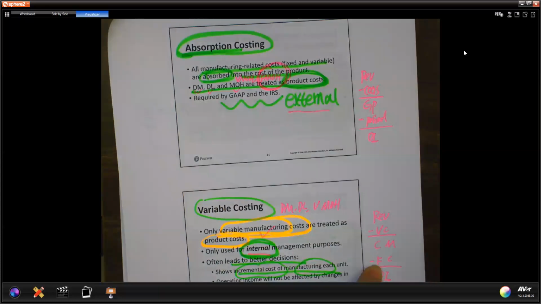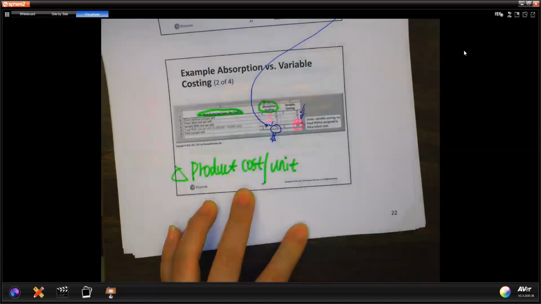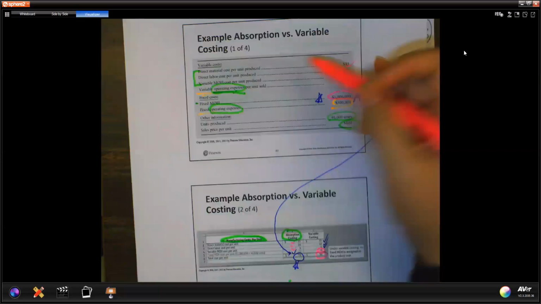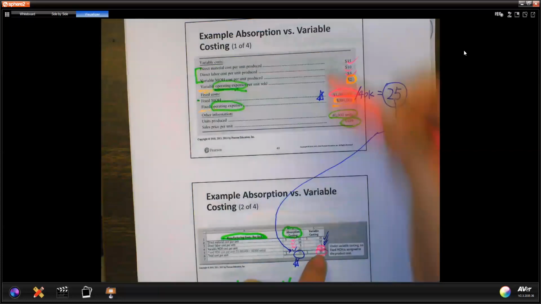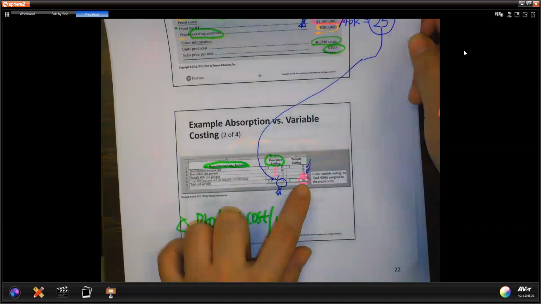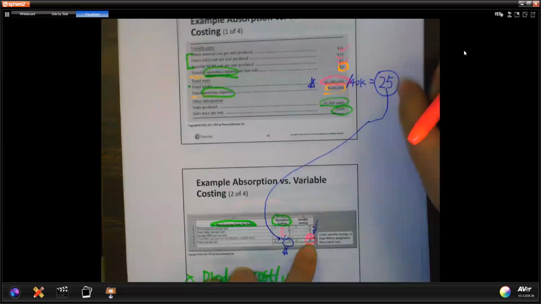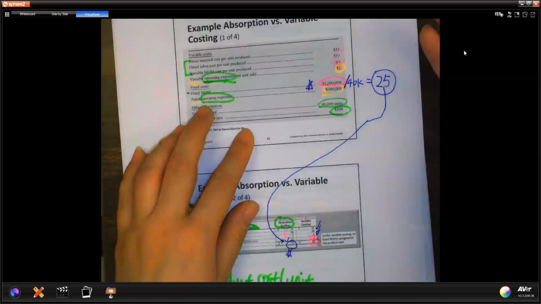How do we treat fixed manufacturing overhead? We did some examples. You first definitely need to know how to get the product cost for each unit. Under variable costing, it's direct material, direct labor, and variable manufacturing overhead, which gives you $50 per unit of inventory. But for absorption costing, you need to allocate fixed manufacturing overhead to each unit.